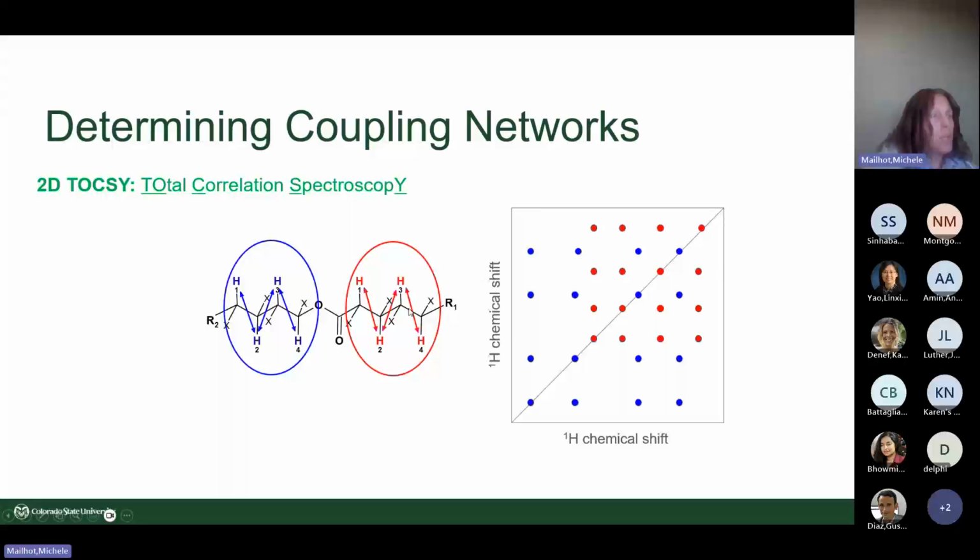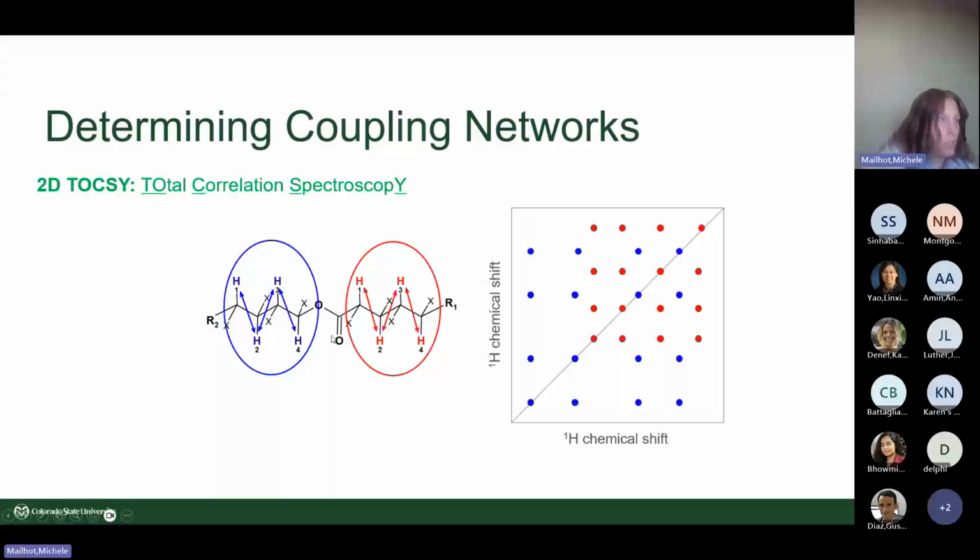So the idea for a TOCSY experiment is you let the signal go anywhere it can go. So this is also a through bond experiment, but you can go from, let's say, this proton through this bond to this proton, and you would see a cross peak. The nice thing about a TOCSY experiment is that it does not go across heteronuclei, meaning oxygen or nitrogen or some huge electron drawing element.